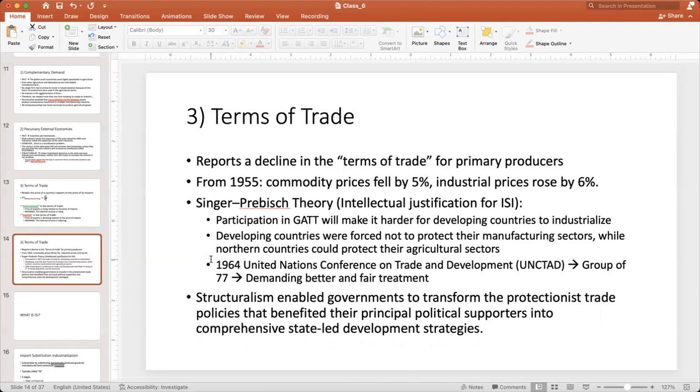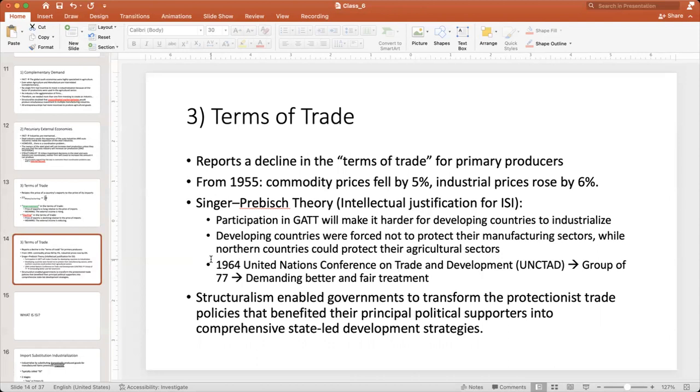And in 1964, developing countries tried to create a negotiation within the GATT terms, and they created something that is called the United Nations Conference on Trade and Development.